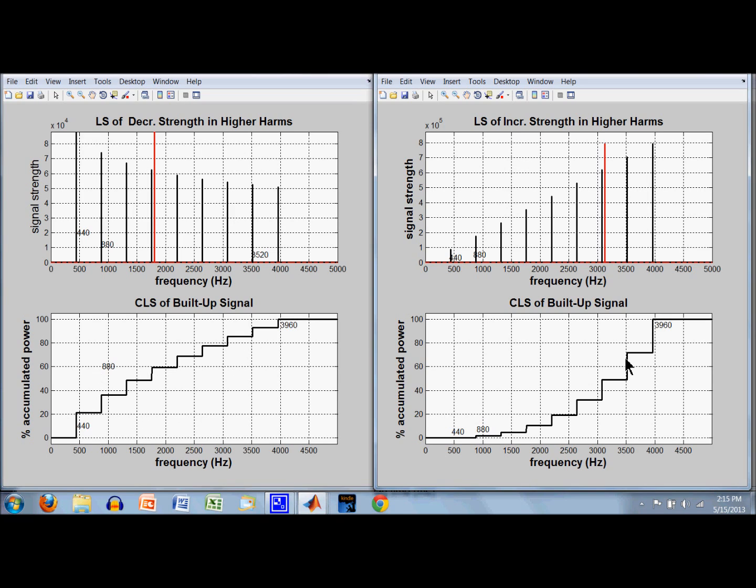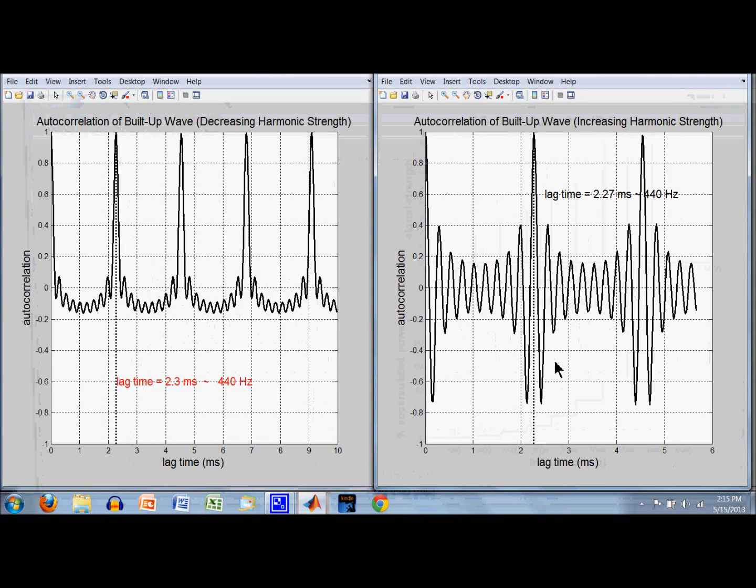Here the step size increases. And here are the two autocorrelations of the two signals. Decreasing harmonic strength, increasing harmonic strength. They both show this period of 2.27 milliseconds, and they're both saying that they have a pitch of 440 hertz.